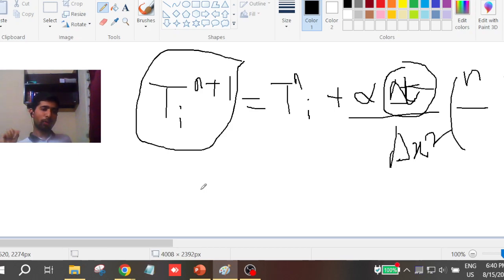So one strategy to avoid this round off error is non-dimensionalization. When you non-dimensionalize with a characteristic scale velocity, that itself might be 10 raised to minus 6. So 10 raised to minus 6 divided by 10 raised to minus 6, you will get 1. So now you will not have much round off error.